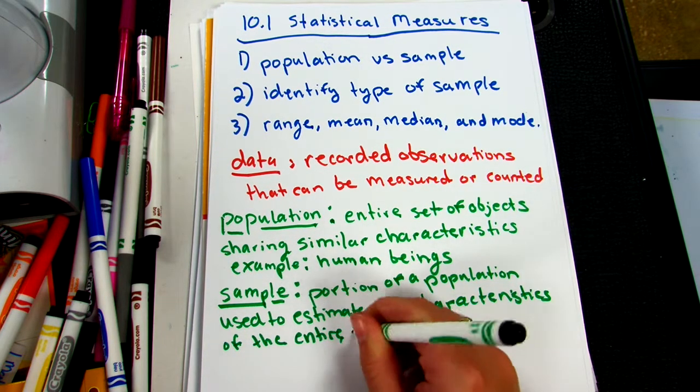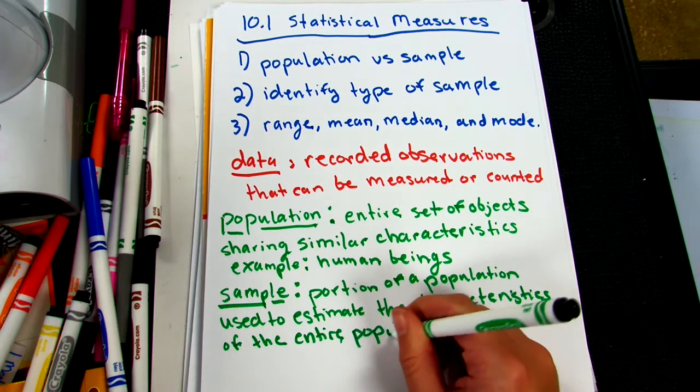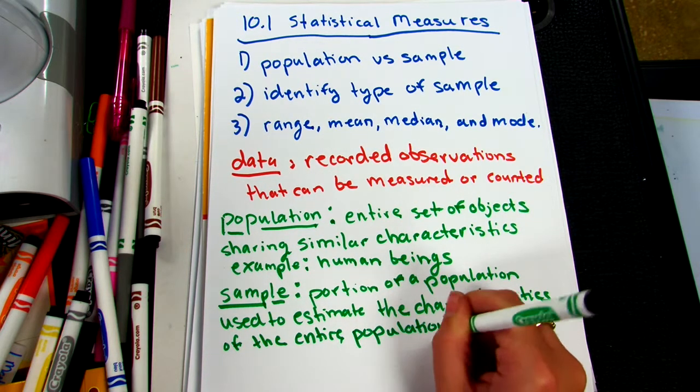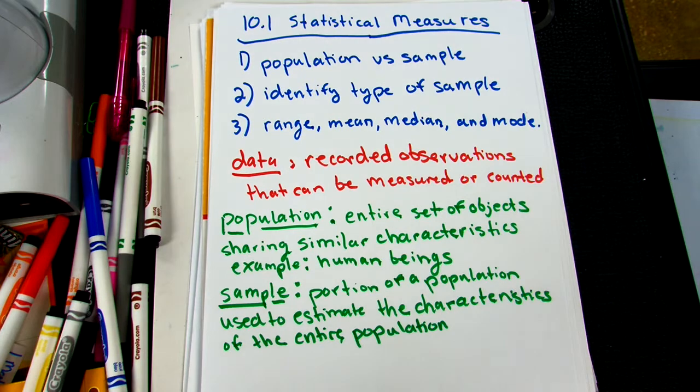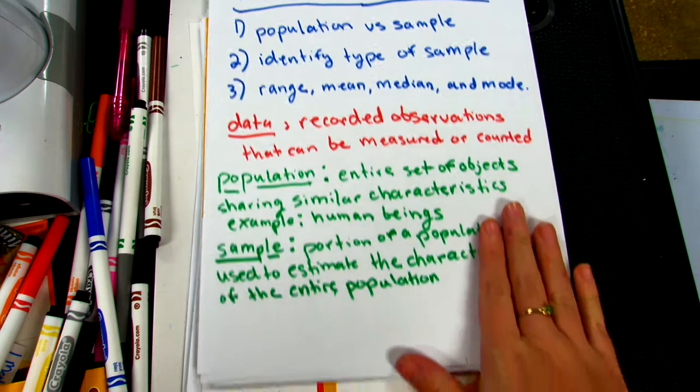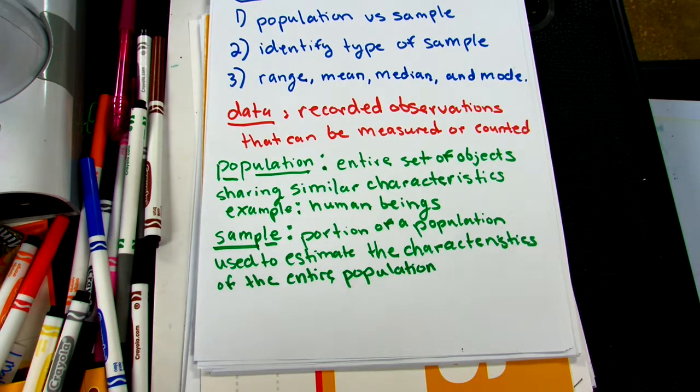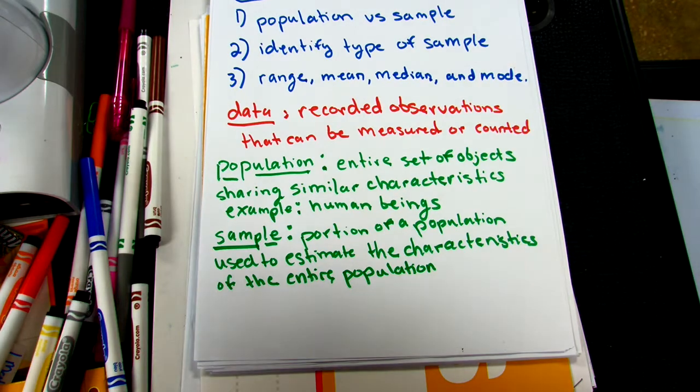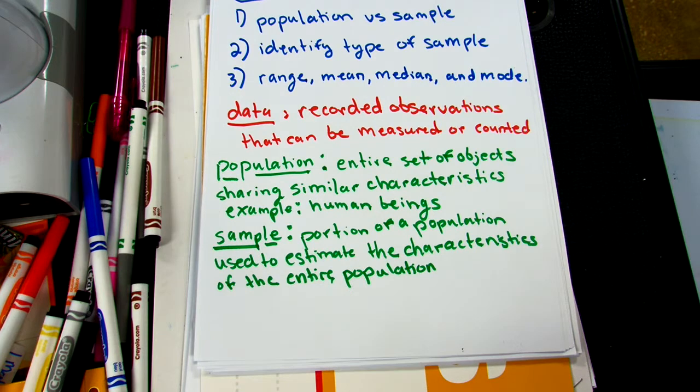So, for example, let's say we want to know of the population of chocolate cakes, how do they taste? Are they sweet or sour? There's no possible way for us to sample every single chocolate cake.